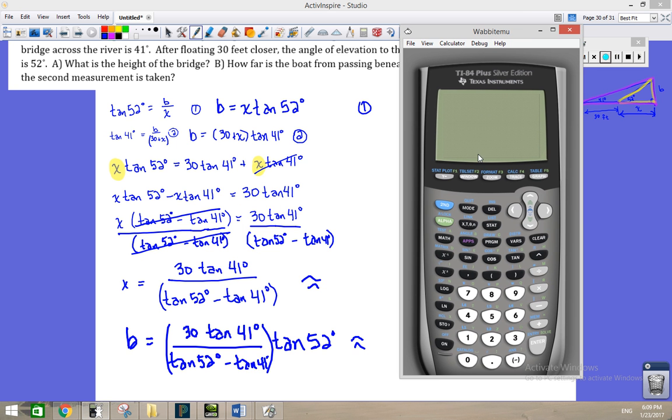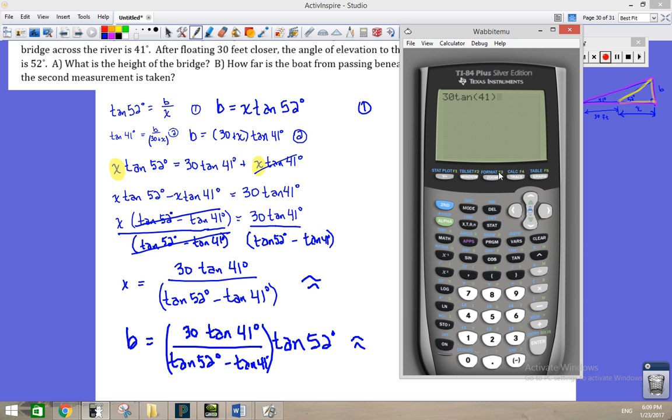So let's check the mode of my calculator. I'm in degrees, I'm rounding to the nearest hundredth, and that's what they wanted. X was the distance to get underneath the bridge. So we've got 30 times the tangent of 41.